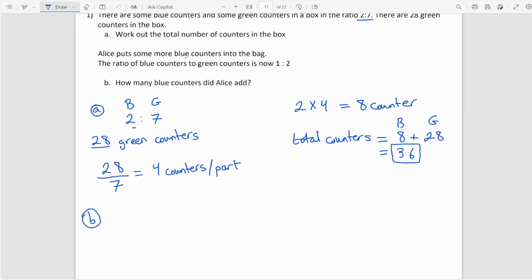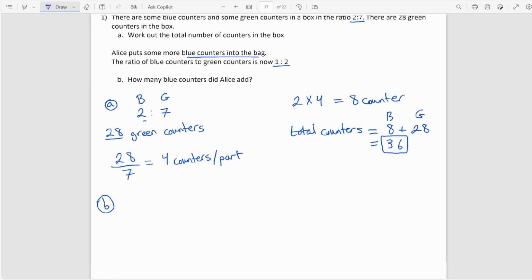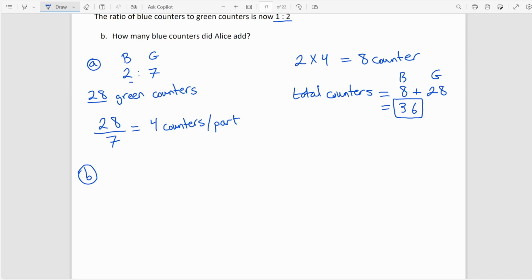Alice puts some more blue counters into the bag. The ratio of blue to green is now 1 to 2. Okay. How many blue counters did Alice add? Okay. So if I want to sum up my information, firstly I had a ratio of 2 to 7, blue to green counters, and I had 8 blue counters and 28 green counters.